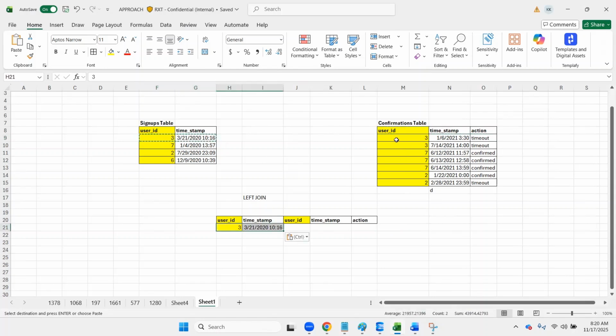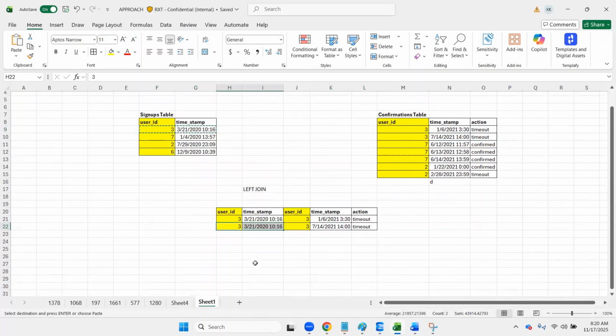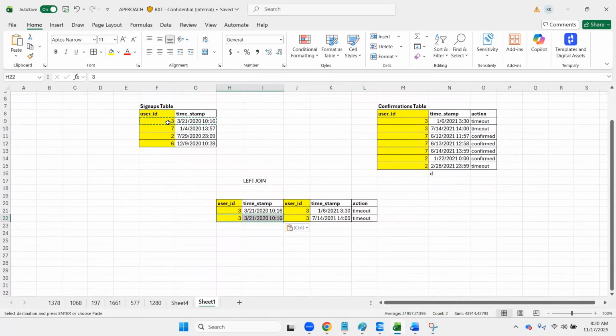Okay, so 3 is available in the confirmation table, so it will fetch the respective record information here. Similarly, is there any 3 available here? Yes, so it will fetch the respective 3 information. Similarly, is there any 3? No. Okay, 3 is completed.